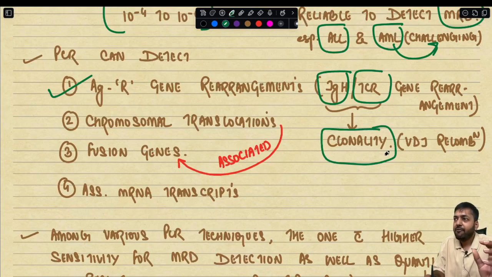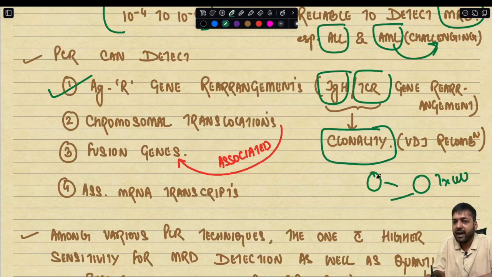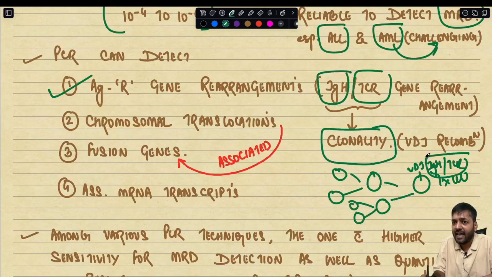So remember, every leukemic cell is specific. Suppose a tumor is arising from this tumor cell. If this cell is going to divide, it has a signature VDJ rearrangement, a specific IgH or T cell receptor rearrangement, and whatever number of tumor cells come from this particular cell having this particular rearrangement, they will bear that same signature.